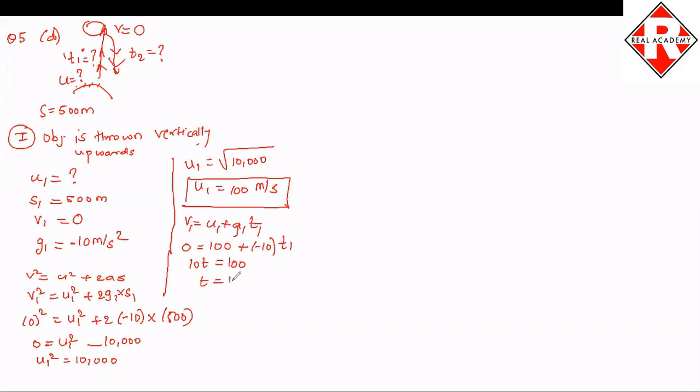So t will be 100 by 10. So we got t1 is equal to 10 seconds. So the time taken by the ball to reach a height of 500 meters is 10 seconds, with the initial velocity of 100 meters per second. Again, we have done nothing different. We have simply used the kinematical equations, that is it. And with that, we have got the two values.